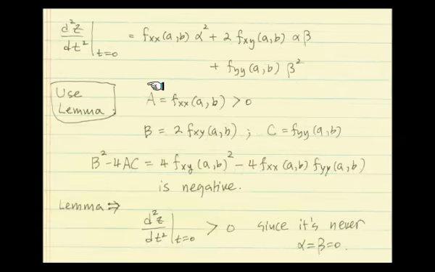Here I'm showing everything now. We established that this part is greater than 0 using the lemma, and one thing you have to be careful about is that to get the strict positive condition, you must have that alpha and beta are not both 0. Why is this the case? Because alpha and beta are the direction numbers of a directional derivative. Alpha can be 0 if you're pointing in the x direction or y direction, something like that. But these two cannot both be 0 at the same time. It's a vector.